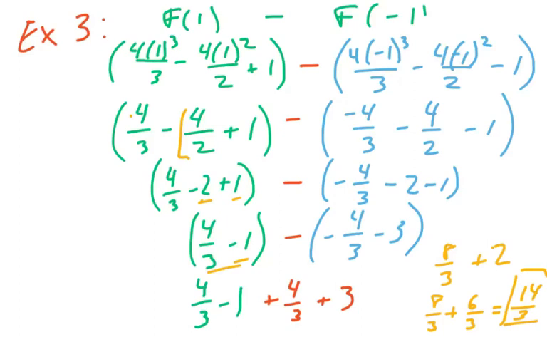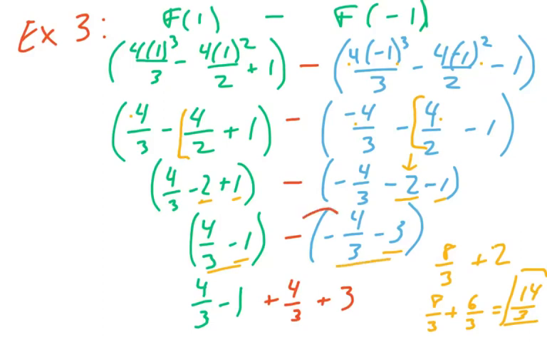Now, with the negative 1, all right, negative 1 cubed is negative 1. Times 4 is this negative 4. Negative 1 squared is positive 1. Times 4 is 4. Again, this 4 over 2 can simplify down to just 2. And this negative 2 and negative 1 becomes negative 3. So that's where we get the negative 4/3 minus 3.